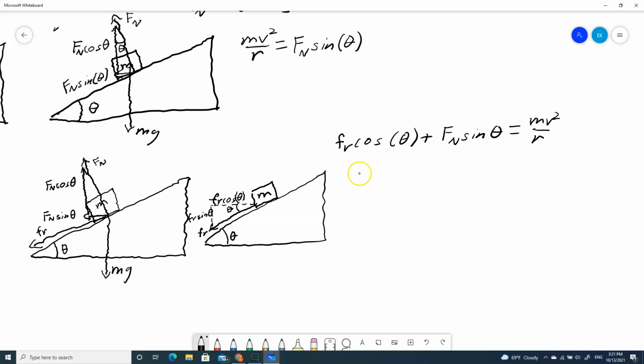And also, often this equation is not enough to solve the problem. We can generate a second equation. So if the object is sliding outward, it's not just moving relatively horizontally, it's also moving relatively vertically because it's sliding upward. So now mg is not enough to oppose the F_n cosine theta.